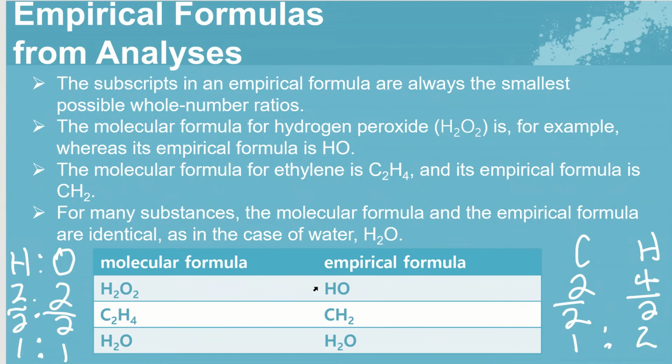And that is why the empirical formula for hydrogen peroxide is HO. Now for ethylene, we have 2 carbons and 4 hydrogens, and in this case the lower number is 2, so we divide through by 2, and we get a ratio of 1 carbon to 2 hydrogen, and so our empirical formula here is CH2.